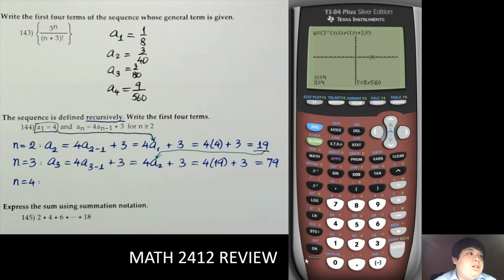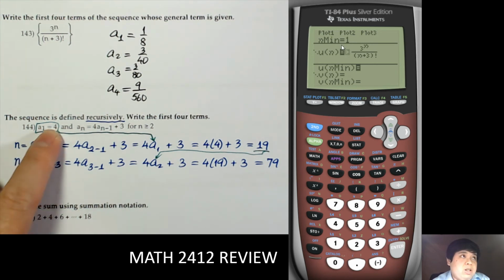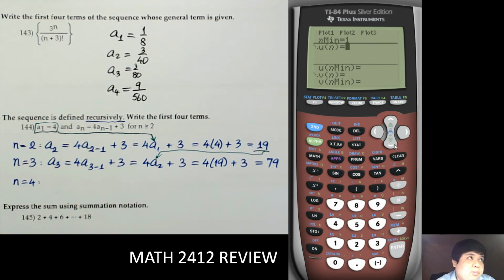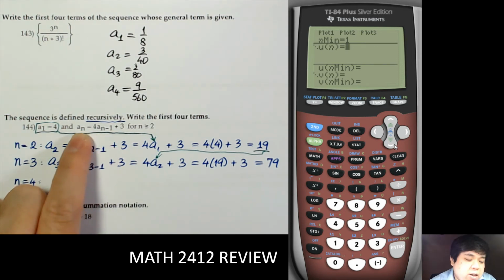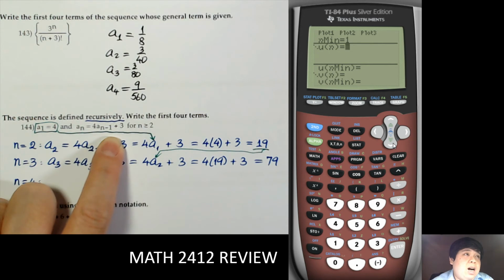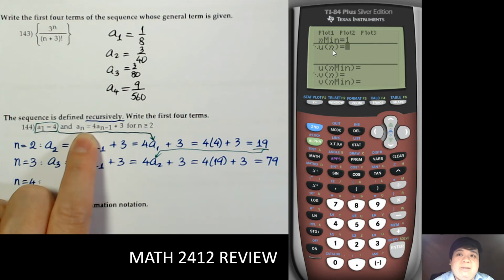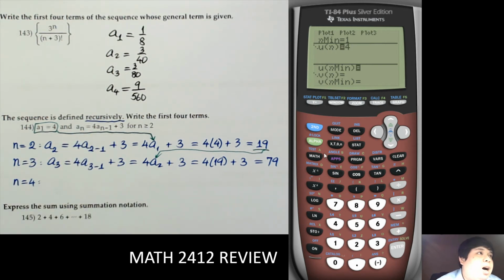Right, calculator. Y equal to, we start with the first term, which is that. Now, instead, we're going to write like this. Instead we write a sub n is going to be u of n. 4 times, we need a little u. So second, that of n minus 1. So rather than write a subscript n minus 1, we write u in parentheses n minus 1.